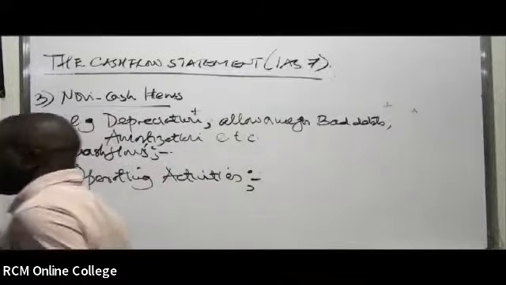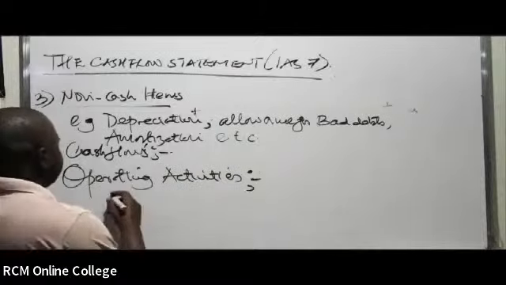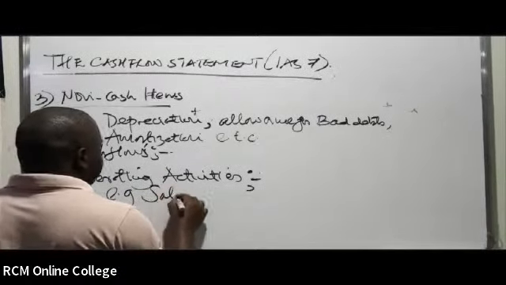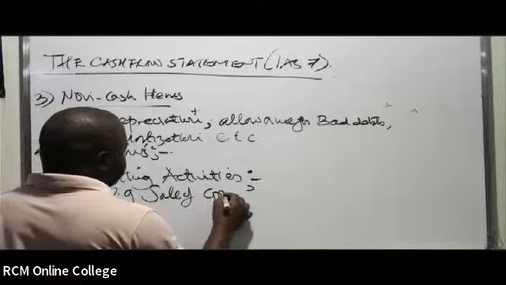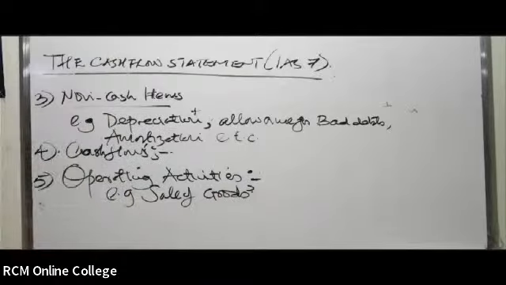So basically we're talking about items in the income statement. You can give an example, e.g., sale of goods, selling of goods.